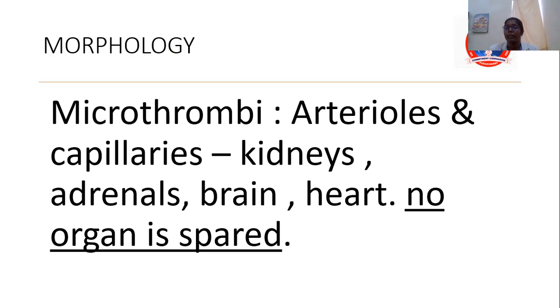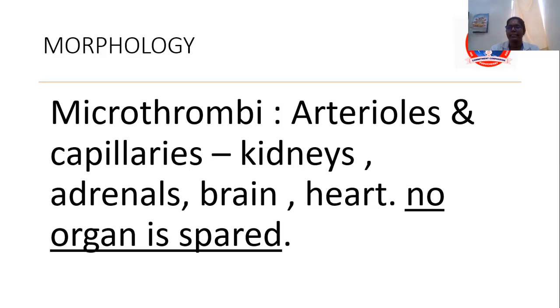These microthrombi will be seen in almost all organs like kidney, adrenal, brain. These are some of the vital organs. So no organ is spared. In DIC, everywhere you can see the microthrombi, mainly in the arterioles and capillaries.